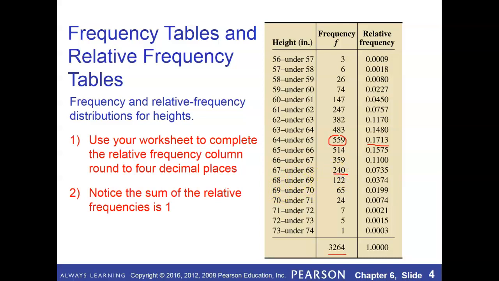There are 240 people in this group, must be a college group, that have a height somewhere between 67 and 68 inches, which is about 7.35% of the population. Notice that the sum of all of the relative frequencies is a total of 1. That's 100% of the population. And this is just how they get broken down.